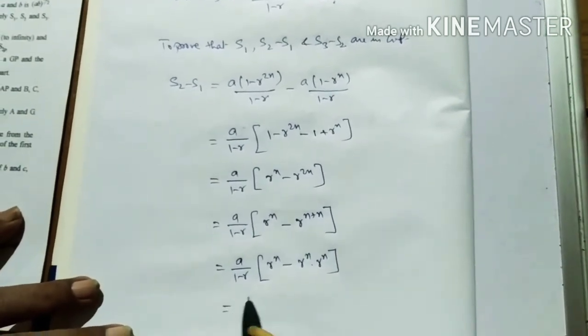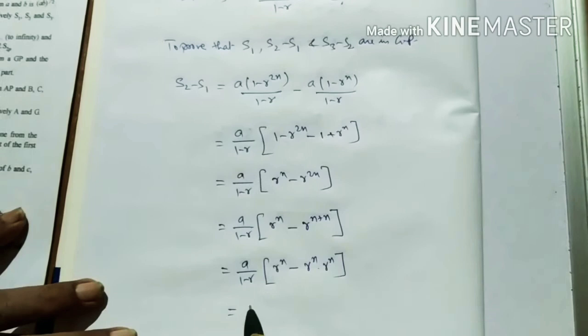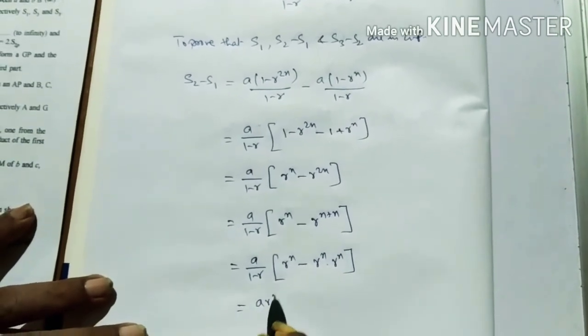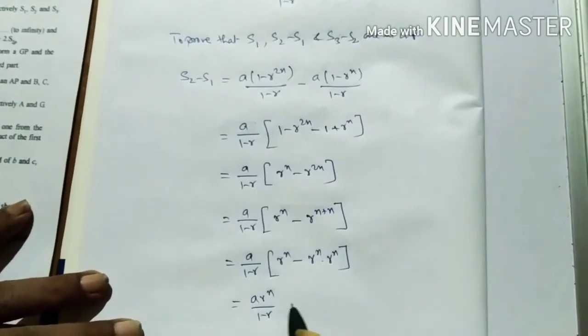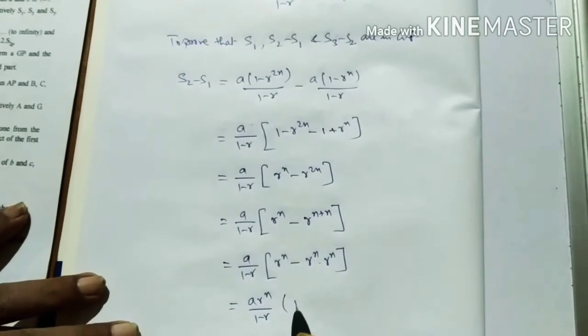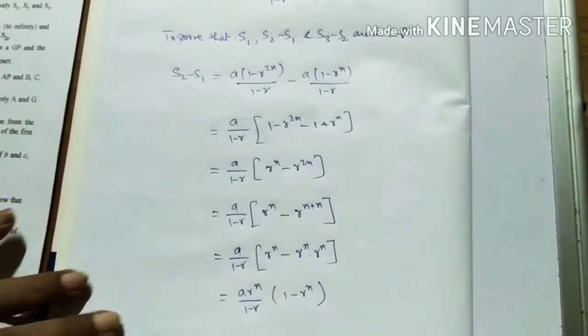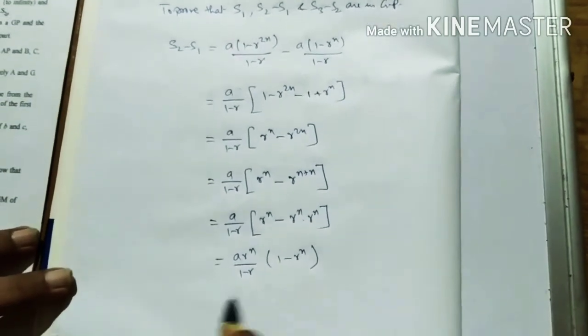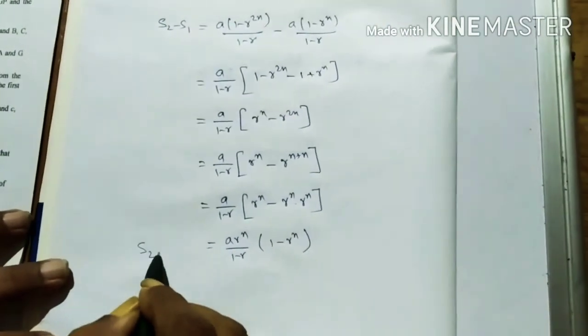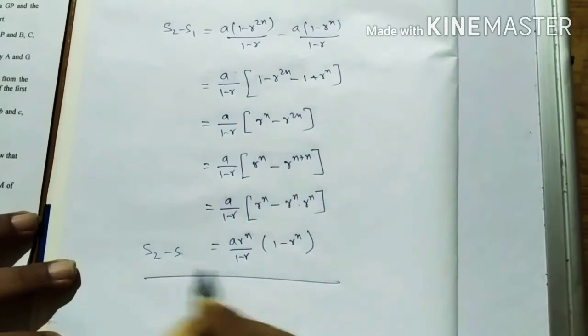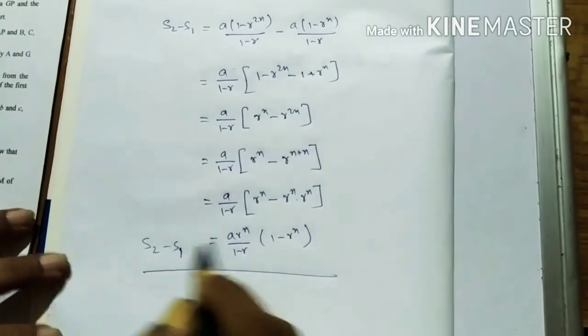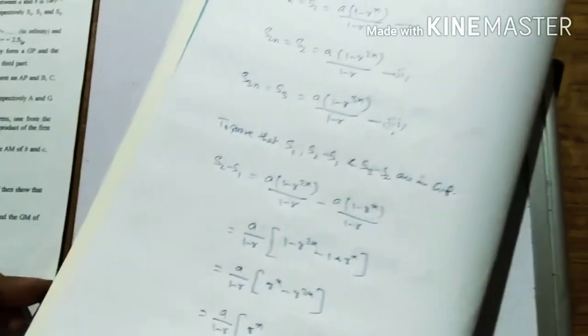So by the help of this, I can take r to the power of n common. A r to the power of n by 1 minus r, this comes out to be 1 minus r to the power of n. This is S2 minus S1. I'm leaving it here.